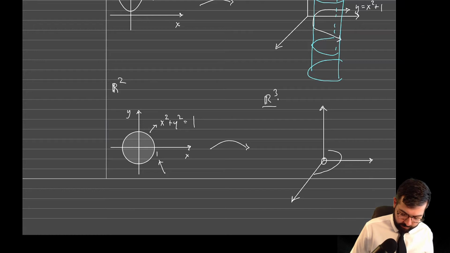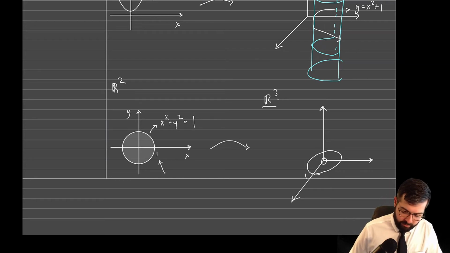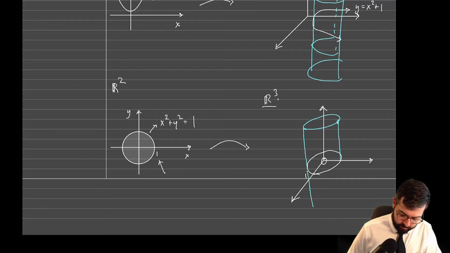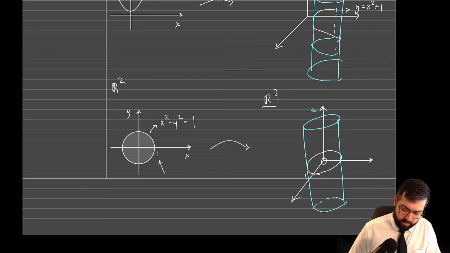We're still going to have a circle of radius 1 in the xy plane, but z varies freely, so it's going to become a cylinder. Right, something like this where z varies freely.